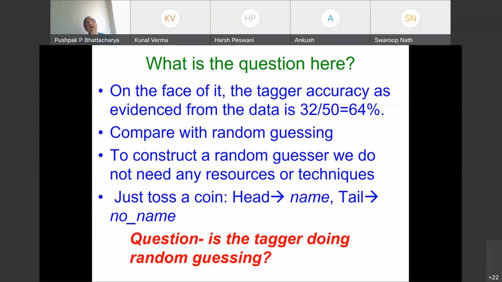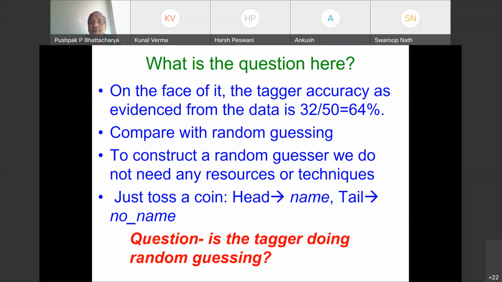Now if the algorithm is that I just toss an unbiased coin, and anytime I get a head, I'll tag that token as named entity, otherwise not, then it is true that 50% of the time I'll produce named entity, and 50% of the time it will be non-named entity.